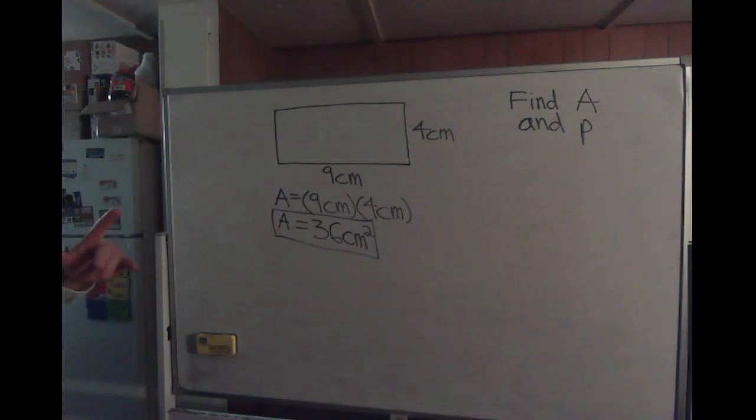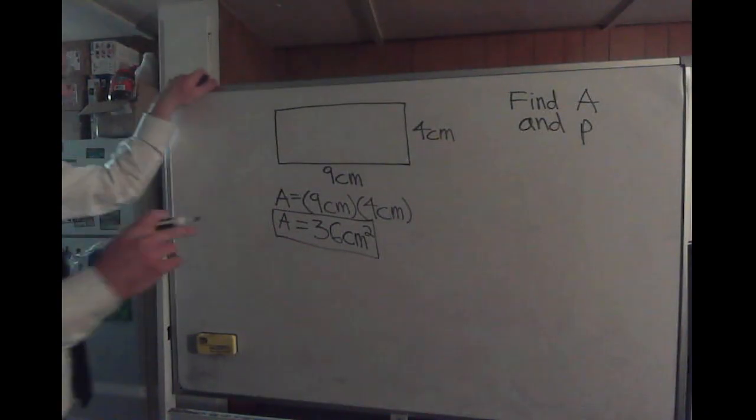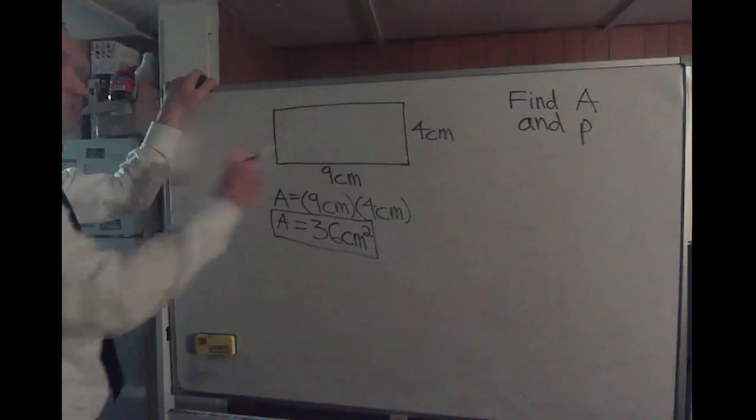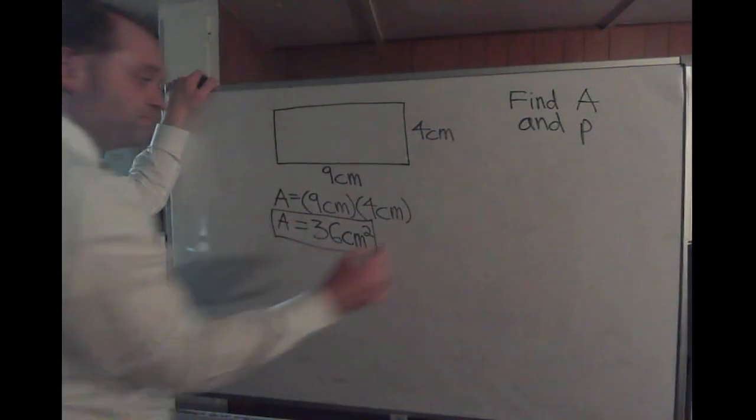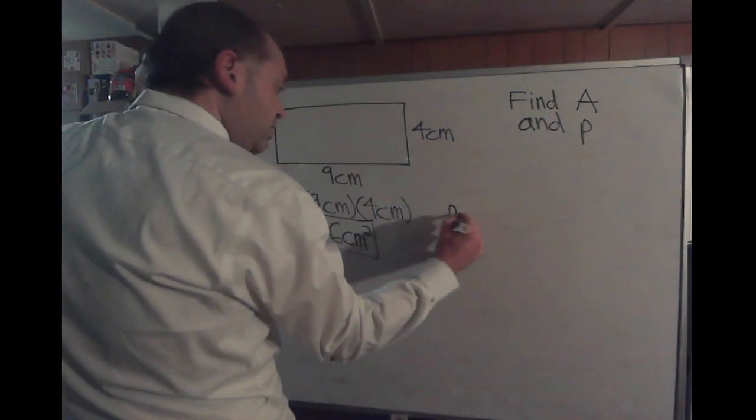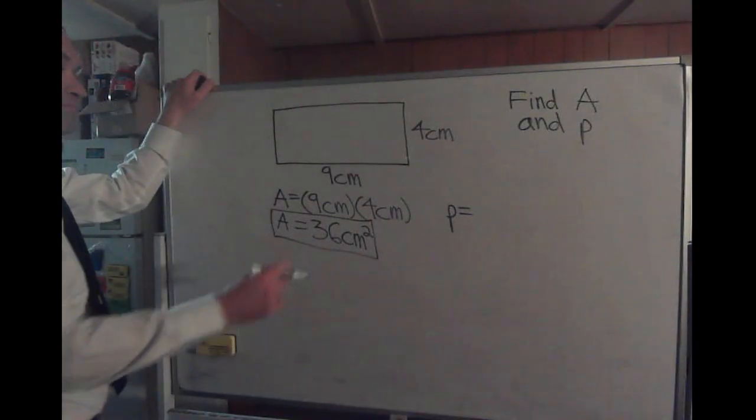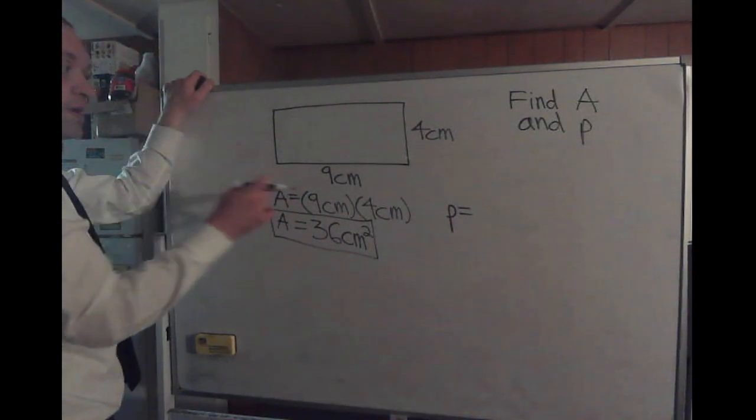Then there's the perimeter, which everyone should be familiar with. The perimeter is simply the distance around the shape on the outside. So if you're looking to put up a fence, you might look at the perimeter of your yard as opposed to the area. To find the perimeter of a rectangle, you just add up the length of all the sides. What do we know about rectangles?